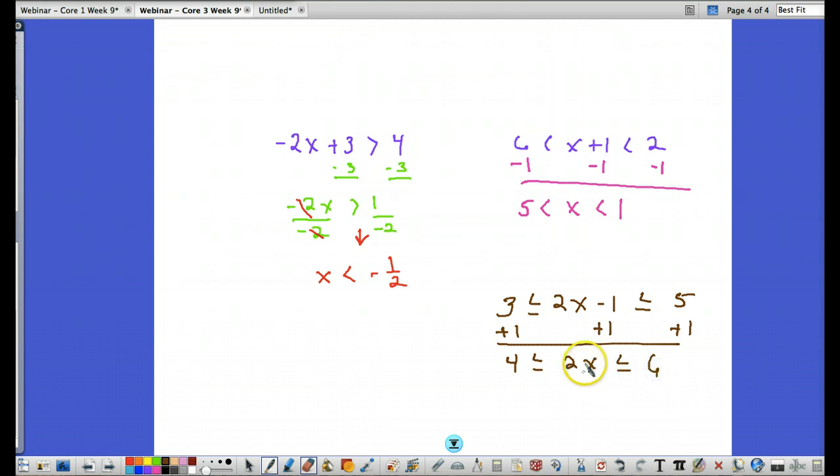To get rid of the 2, you have to divide by 2, which means you also have to divide the left and the right. So you might have to do multiple steps to get rid of everything next to the x, but you would still solve from the middle out. Make sense? And if this had been a negative 2, what would we have done to the signs? Switched them. Good.